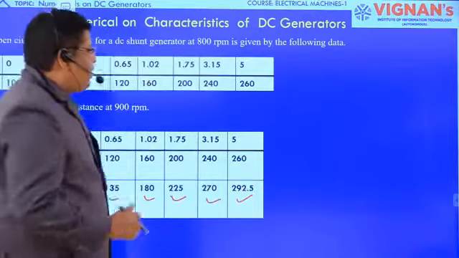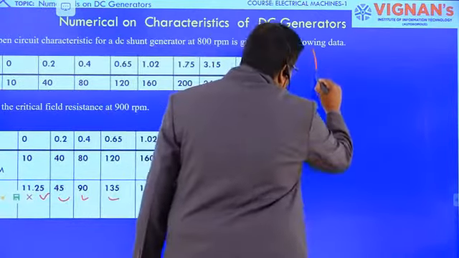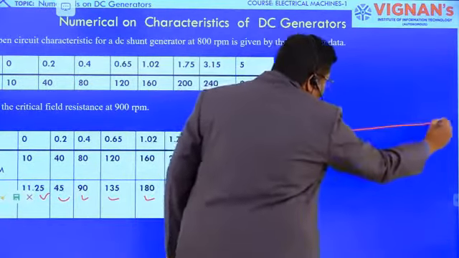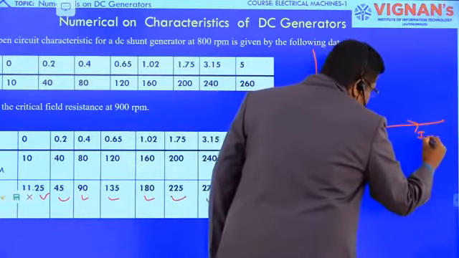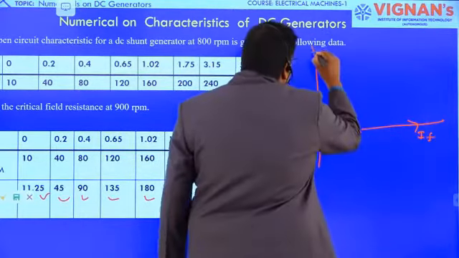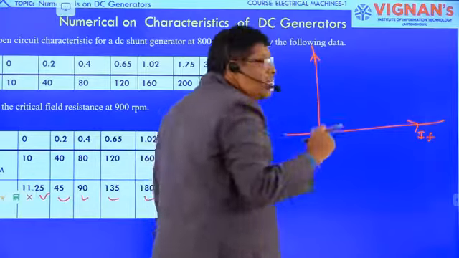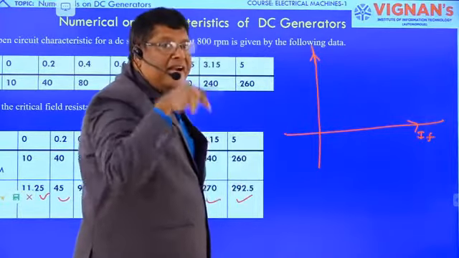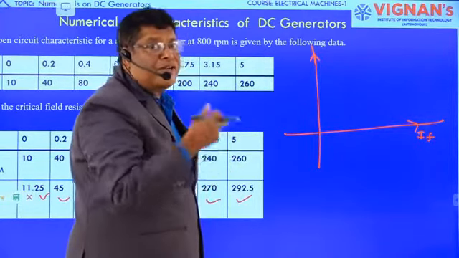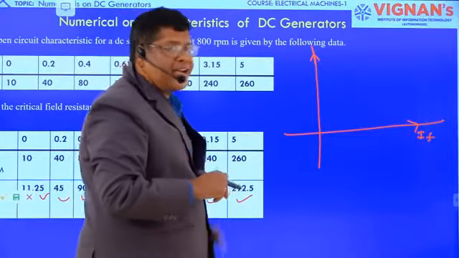Now you take the field current on the x-axis. Because we have to find the critical field resistance, that is the data you have to take here.